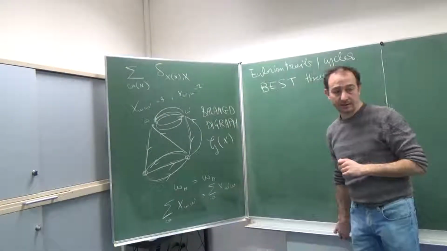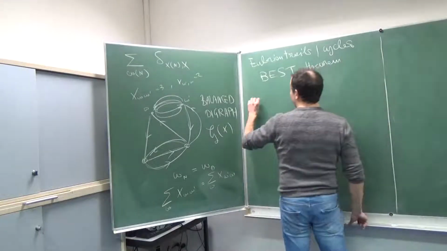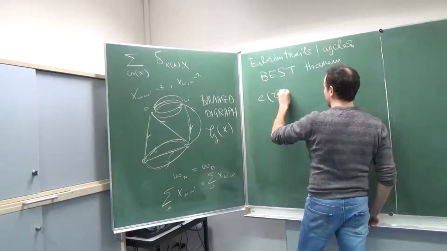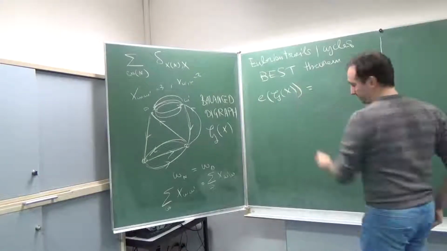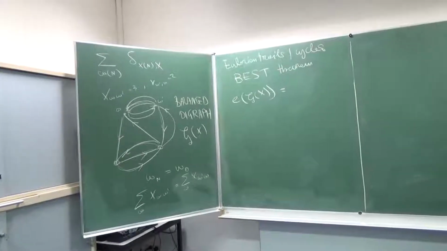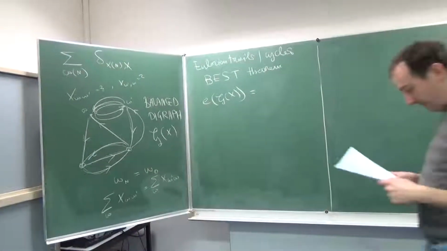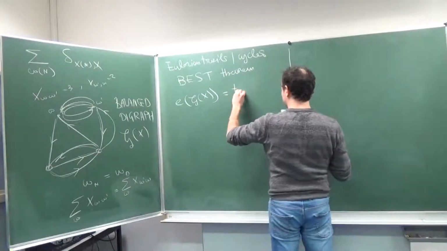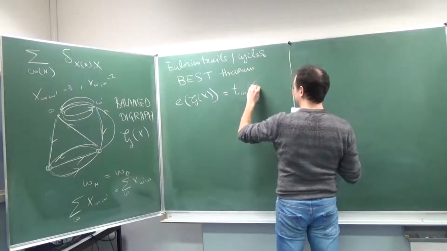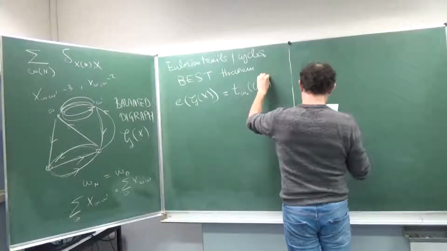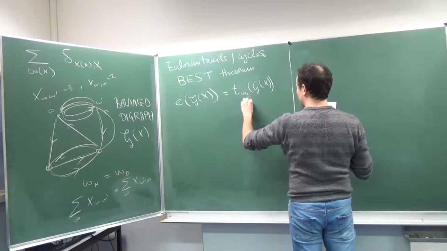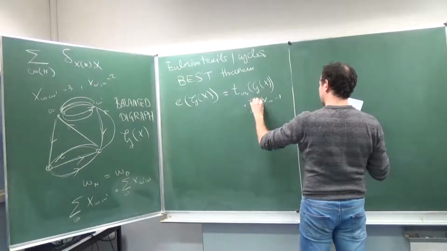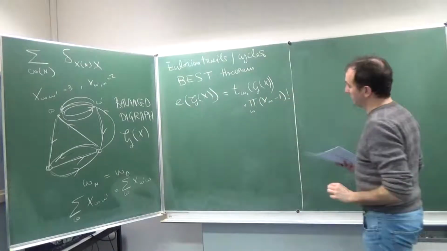So, in particular, the BEST theorem states that the number of Eulerian trails on this graph G of x, and now I need to be careful, is equal to a factorial.